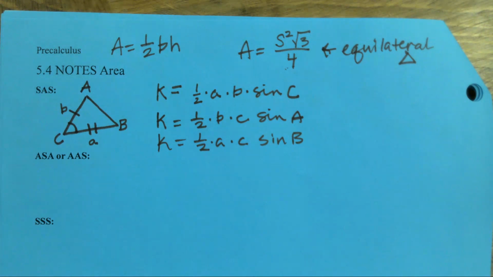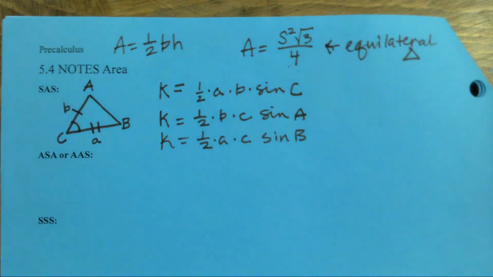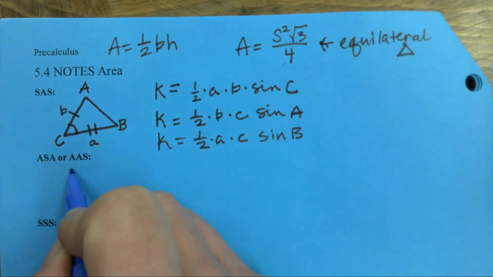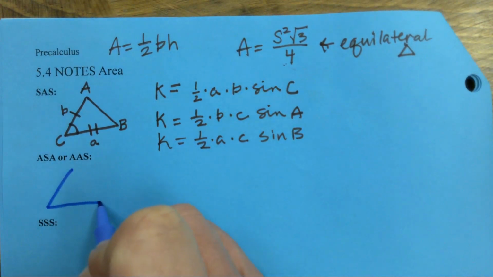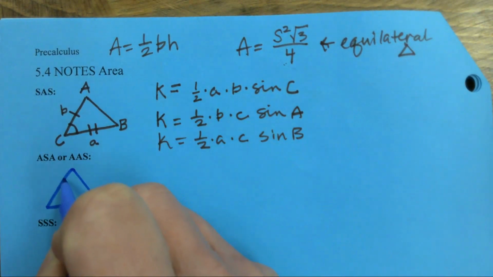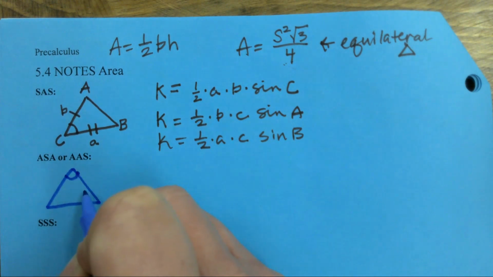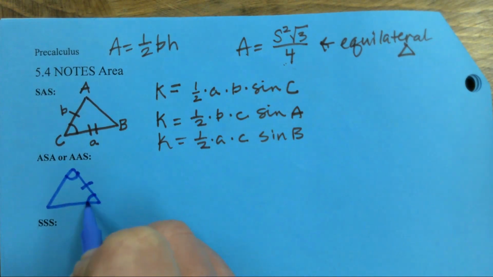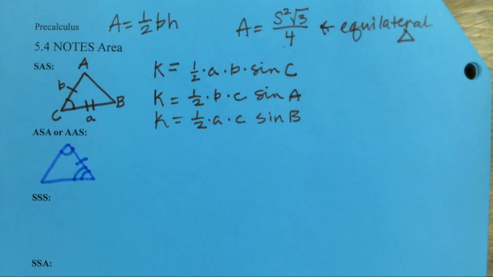I'm not always given two sides and an angle that falls between, so other times I will be given either an angle side angle or an angle angle side, and that looks like this. Here is angle side angle. An angle, a side, and another angle. That's angle side angle.